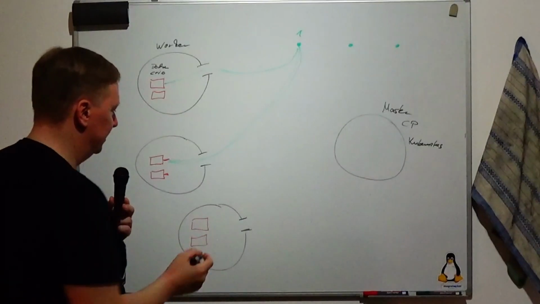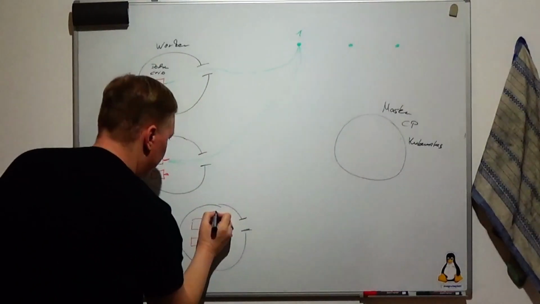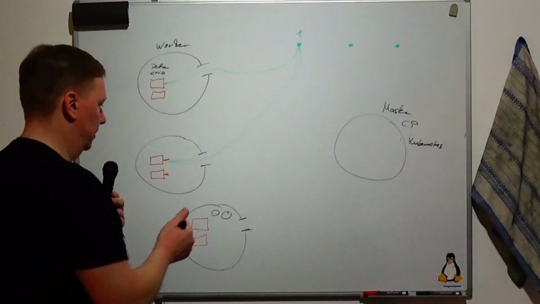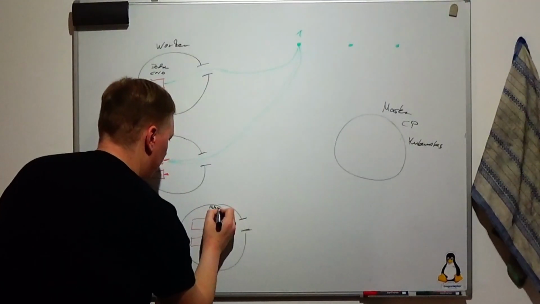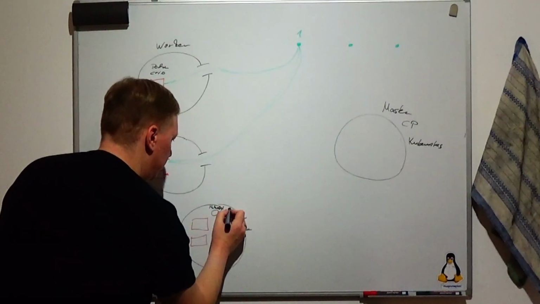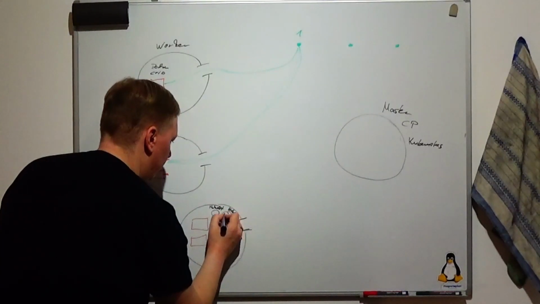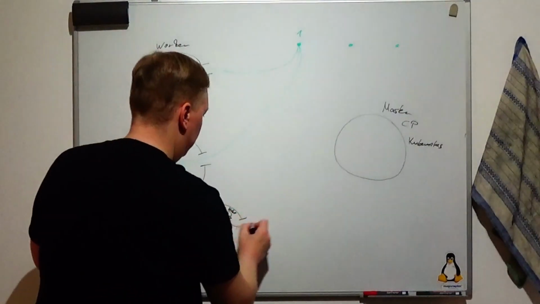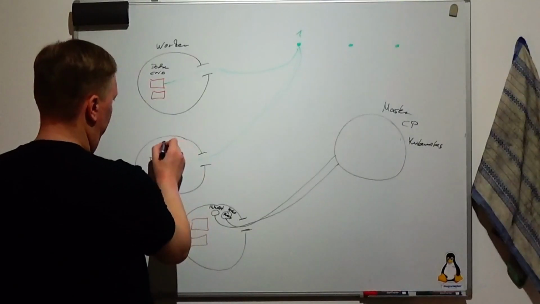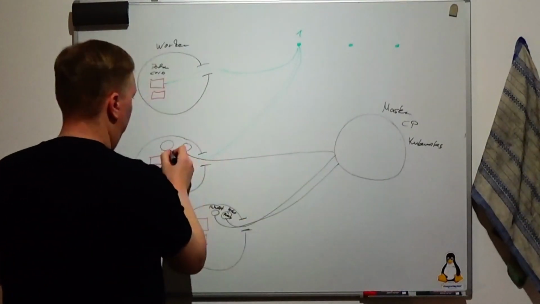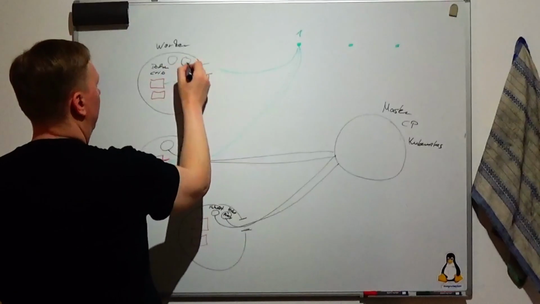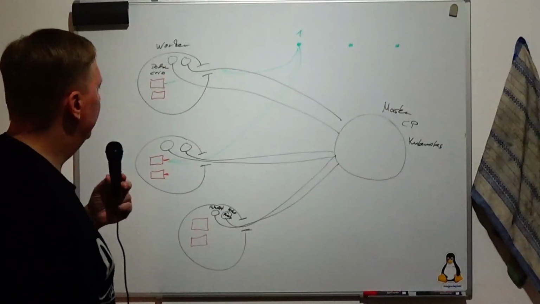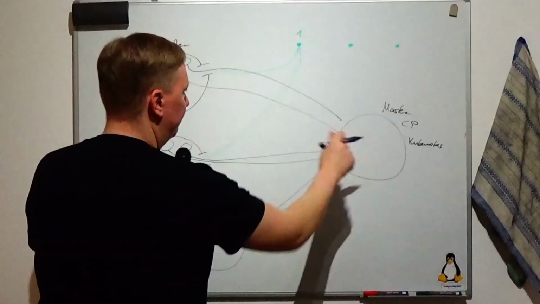But the important thing now is that all these worker nodes get two processes. One is the kubelet process, and one is the kube proxy. And they communicate with this master node. And now you can control all these worker nodes from the master node.